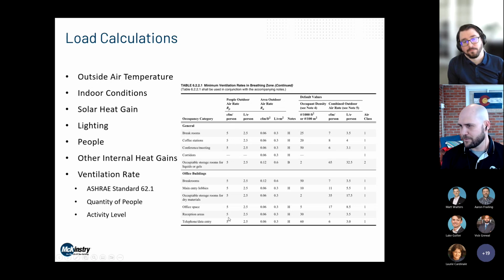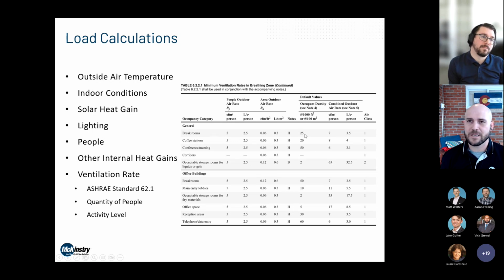Unfortunately, I just grabbed a portion of this table that is all 5 CFM per person, but there are some other types of spaces, like a gymnasium or a fitness area, that have 10 or 15 CFM per person. There is an occupant density.